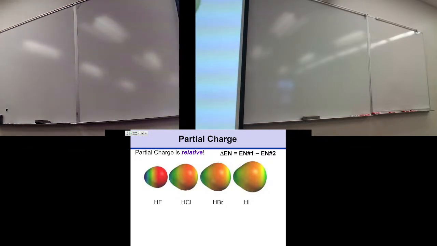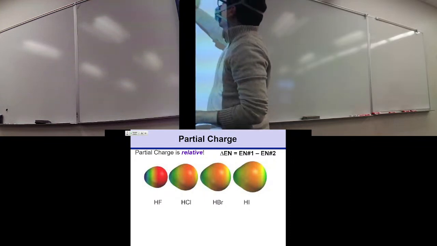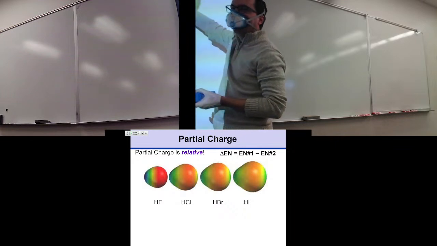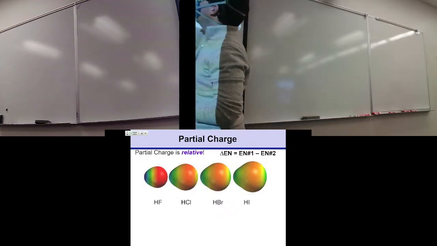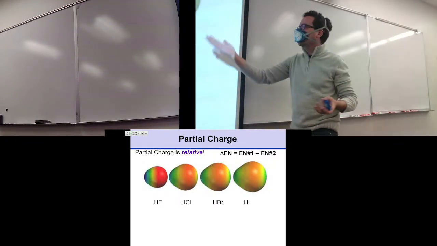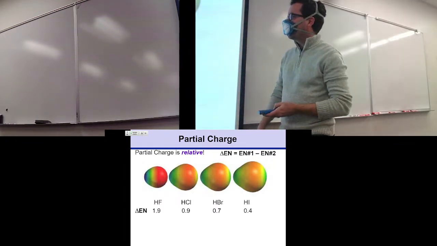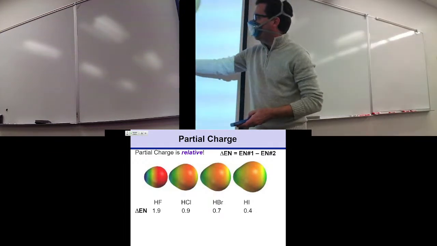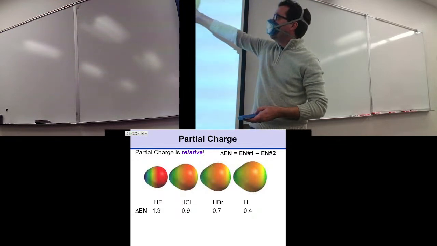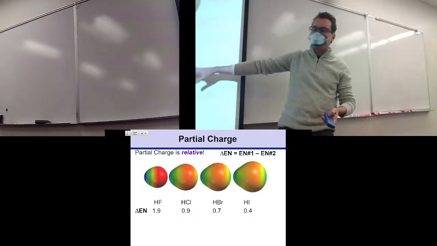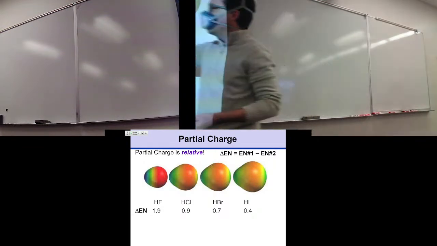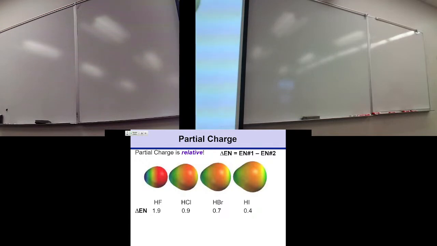When you get to iodine, though, that partial negative charge is kind of in the middle again. You can't really say one side of the molecule is negative, one side's positive. It's not as clear. And there's very little difference in electronegativity between hydrogen and iodine. So this is really kind of a nonpolar bond. Even though there's a small difference, this is approaching what we'd call nonpolar, whereas this one here is very, very polar.